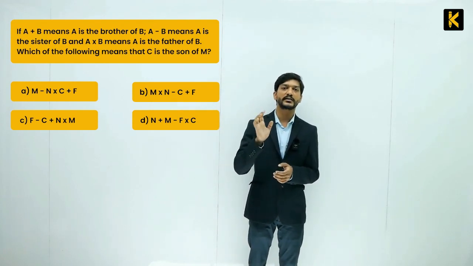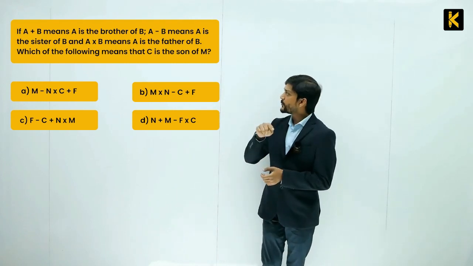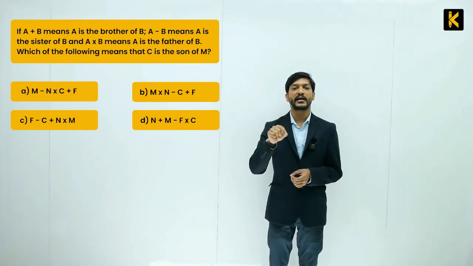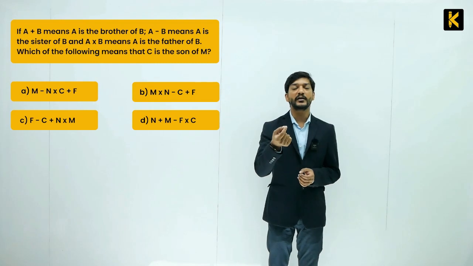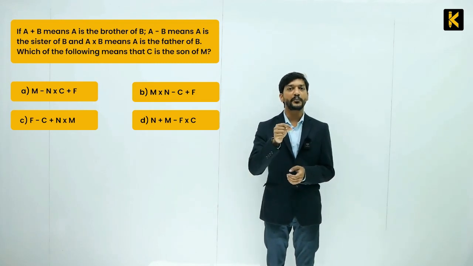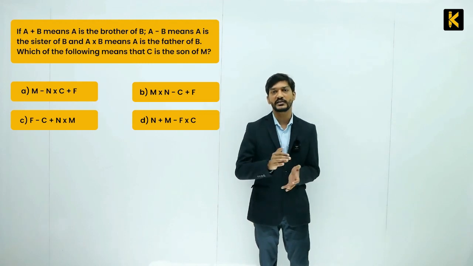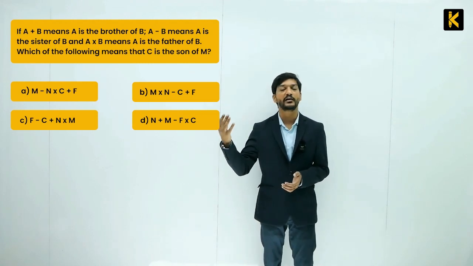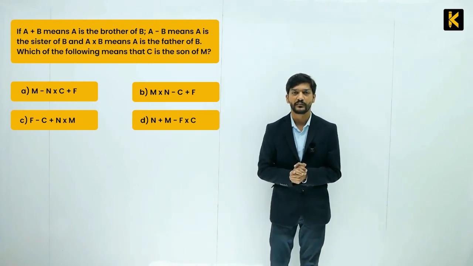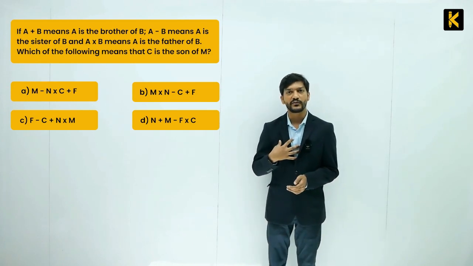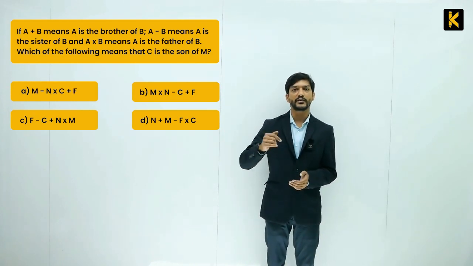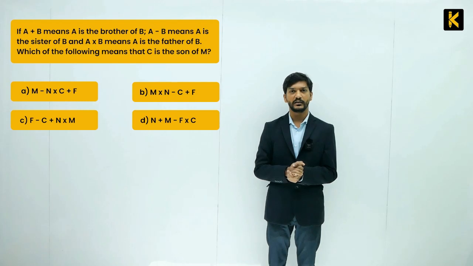In the question, that person is taking the plus sign to represent the brother relation. A plus B means A is the brother of B. That is his representation, some other faculty's representation. My representation is different.